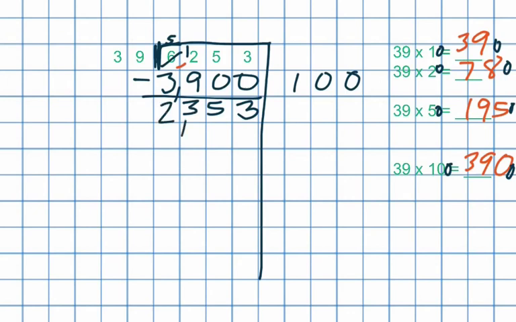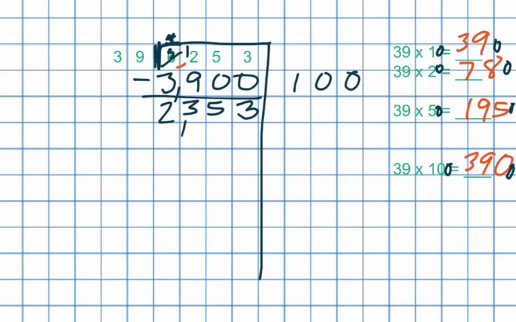When I do my subtraction, I get 2,353. Now, I actually don't want my 5 there to look like it's part of the answer. That was just me regrouping, so I made it a little lower. Okay, now I'm able to think of the largest chunk that I can take out.